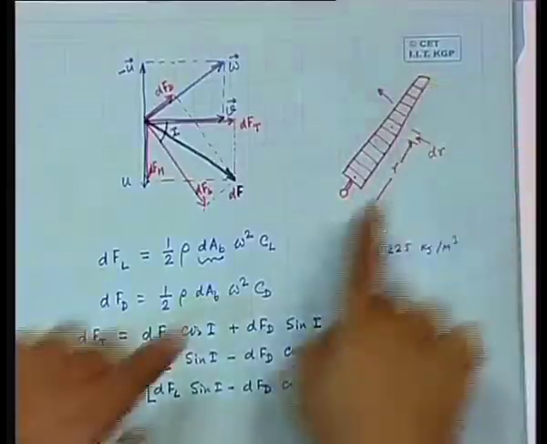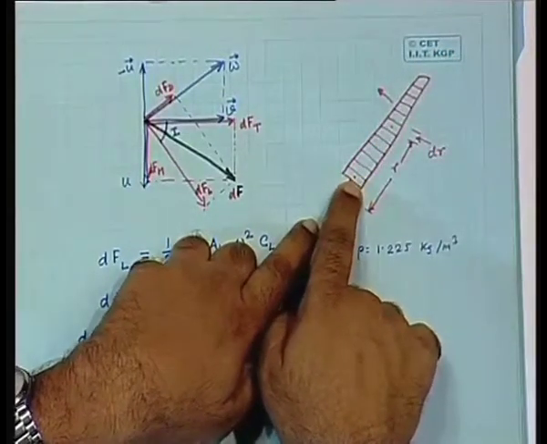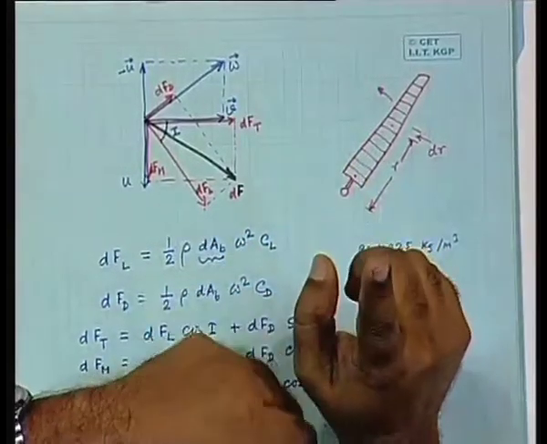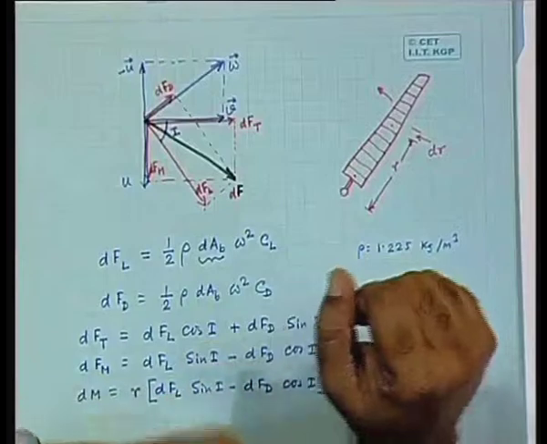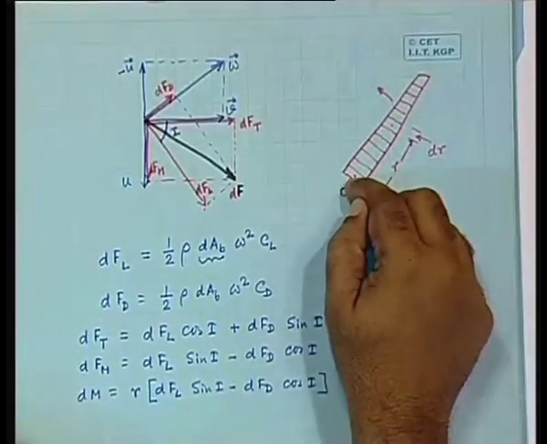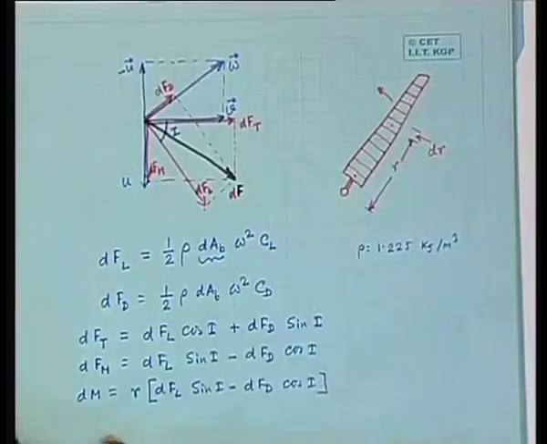Because along the blade the linear velocity u changes, there would be a few implications. One, at this point and at this point, the moments will be different. Clear? Why?